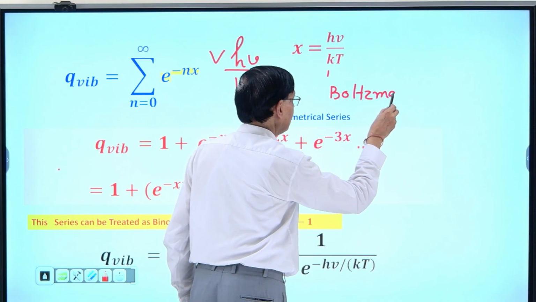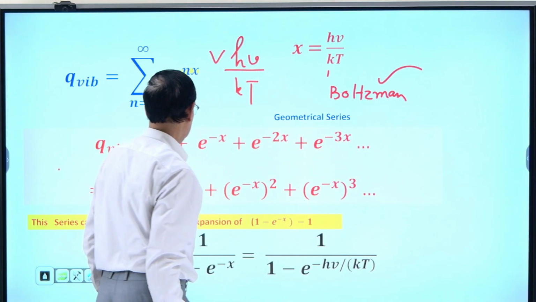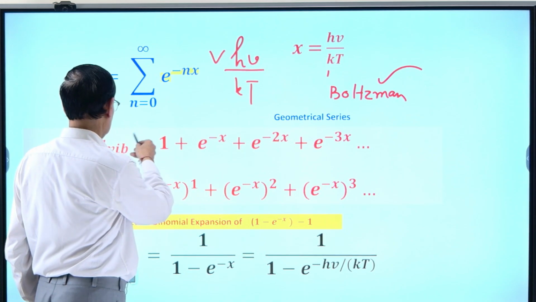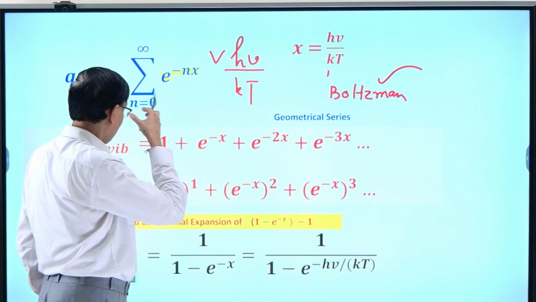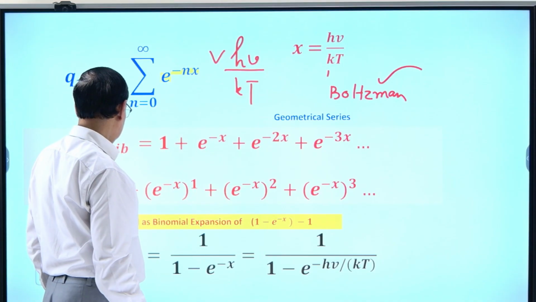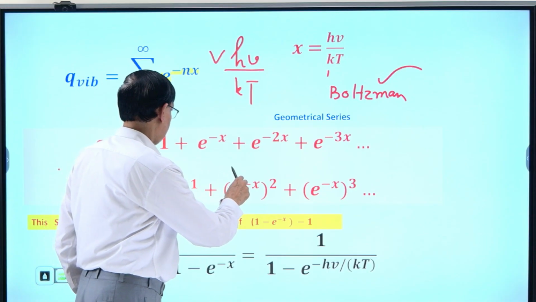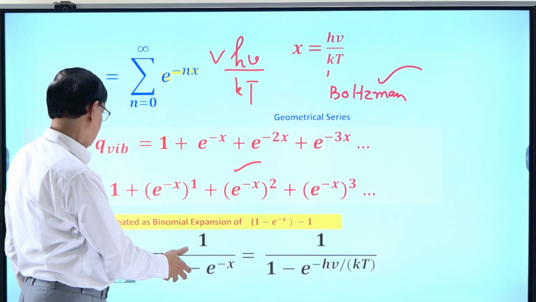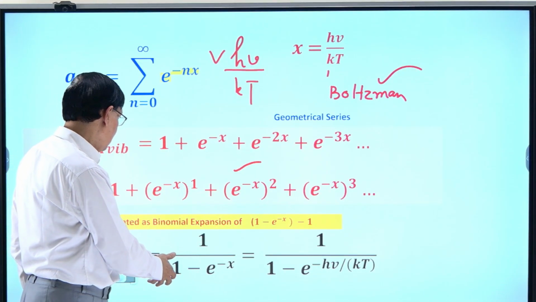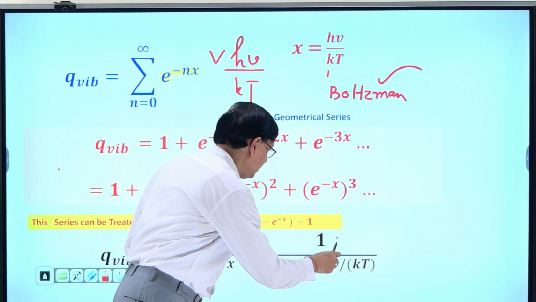I have already solved it, so I will not repeat. I am using 1 plus e to the minus x, and of course this value of x is less than 1, and we get this final formula, which can be treated as a binomial expansion.